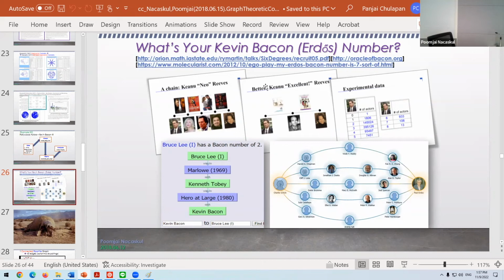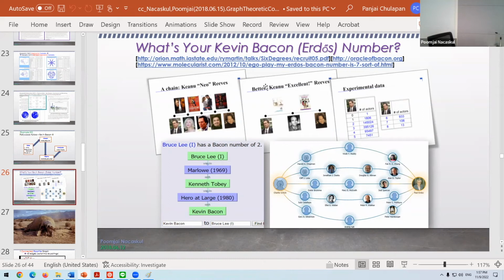Yes, the graph looks like this. Graph G is a collection of V and E, where E is a connection from one vertex to another.